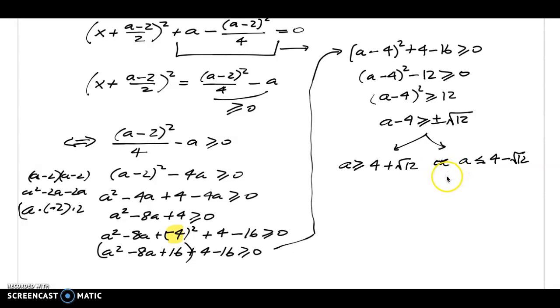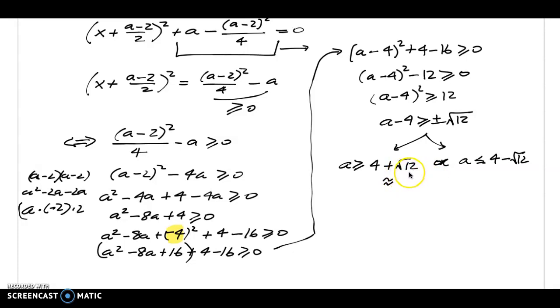So if you put this into your calculator, you're going to have this approximately equal to... this is an example of where you could have a calculator.